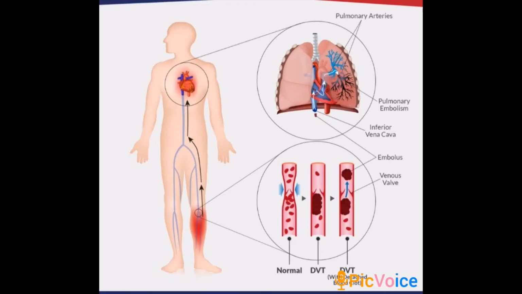So the occlusion of the artery makes it difficult for perfusion to occur, increasing pulmonary vascular pressure, which results in backflow to the right side of the heart and increase in right ventricular pressure.